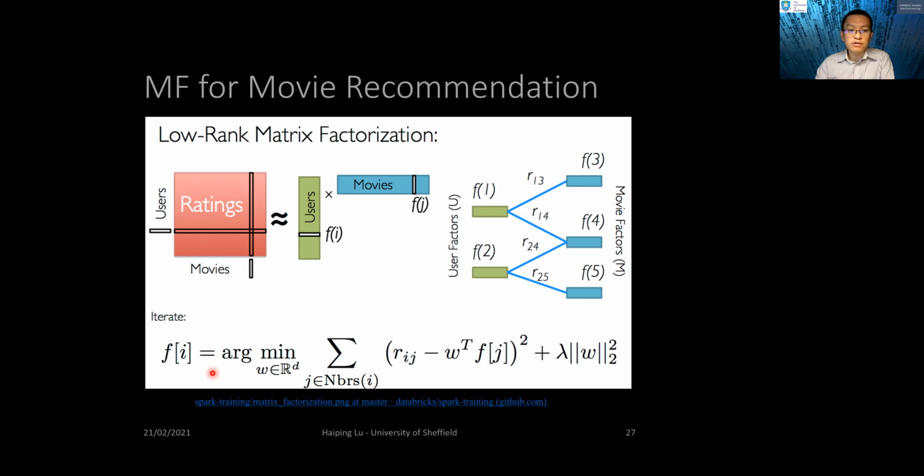That is a different way of writing the objective function, in just one of the terms. Here we are optimizing W, and the solution of W will give you the user factor. Fj here is a movie factor, and we assume that Fj is given. So we fix Fj, the movie factors, and look for the user factors.